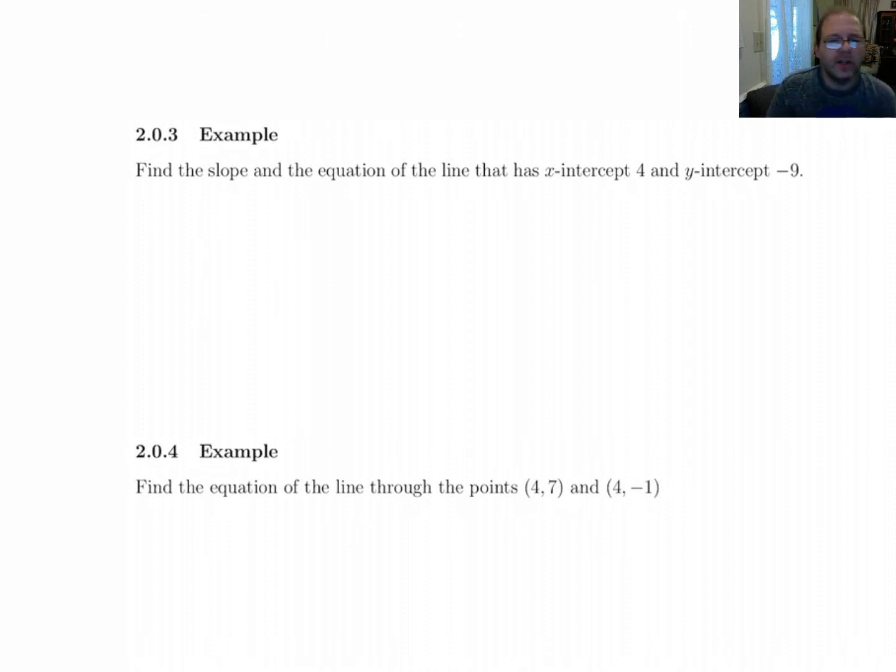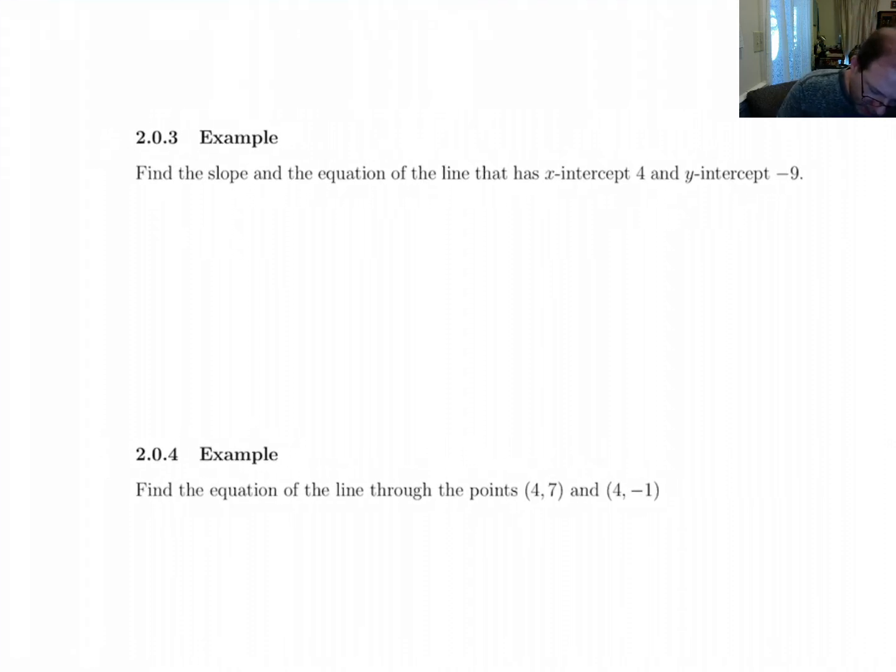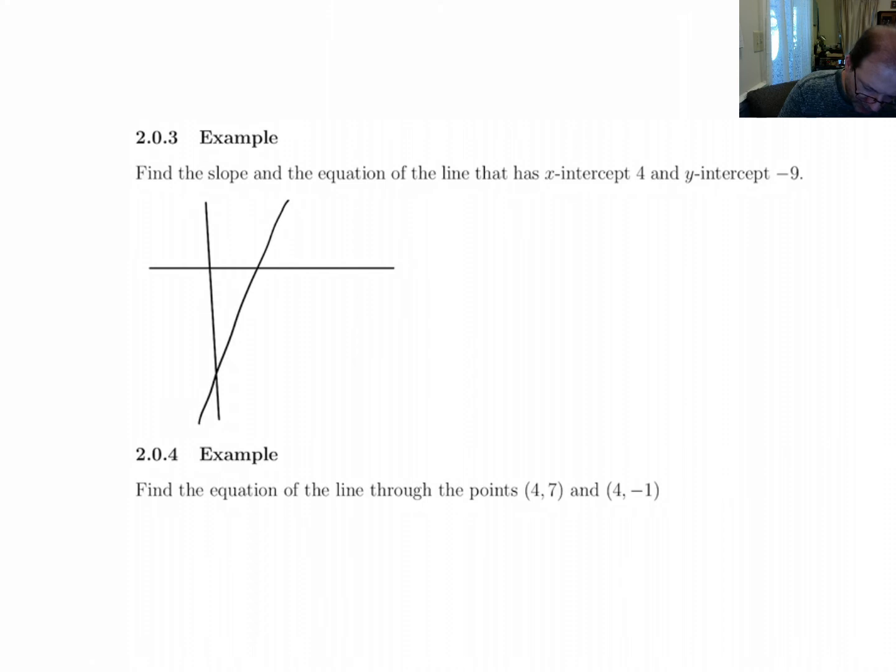Right. We've got a handful of other examples that I want to look at here. Find the slope and the equation of the line that has x-intercept 4 and y-intercept -9. All right, I'm going to graph this. Let's see, y-intercept is -9, so I need a lot of space under the axis. And x-intercept is 4. So that means this line looks like this. Down here, this is -9, or I'm going to write it as 0, -9.